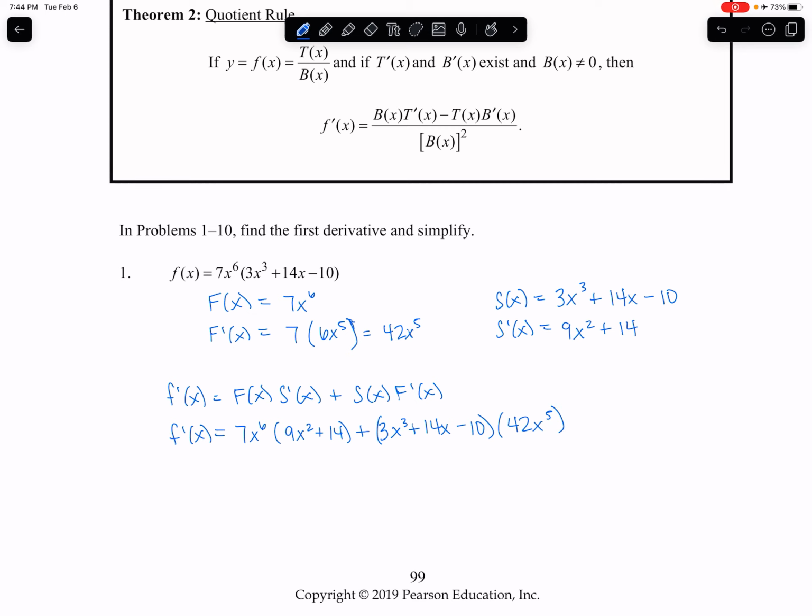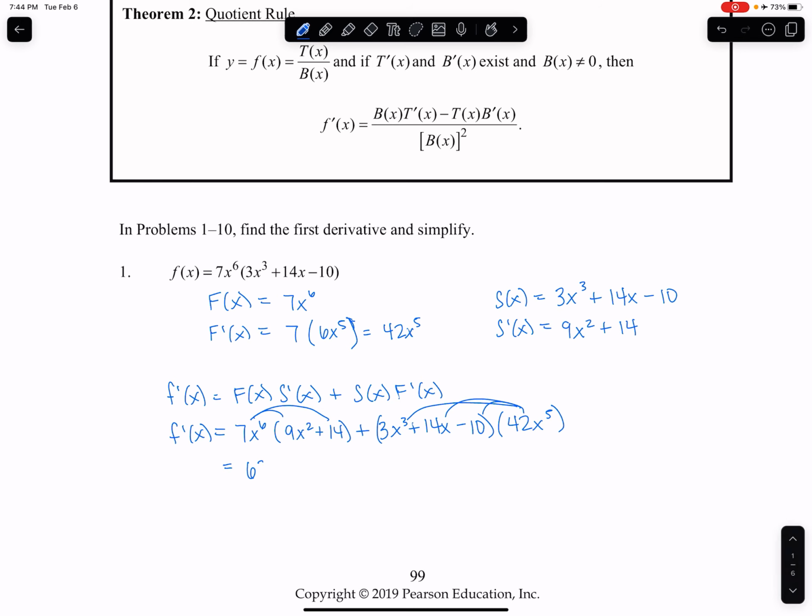Now if we distribute, we have one here and we have one here. We may be able to combine like terms. So we have 63x to the 8th plus 98x to the 6th plus 126x to the 8th plus 588x to the 6th minus 420x to the 5th.